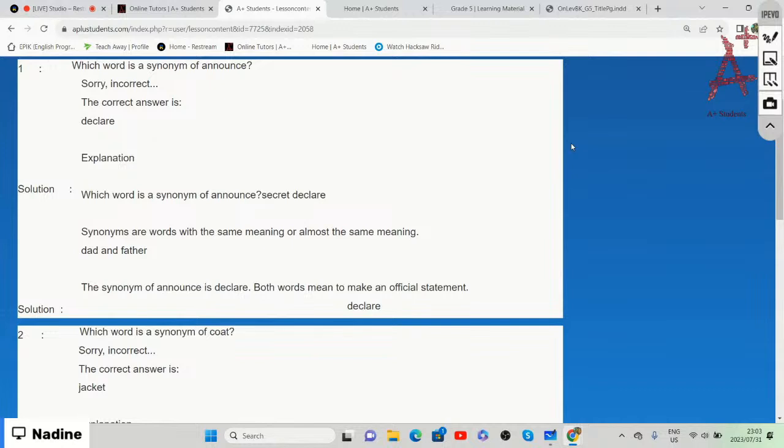So it's the same as saying one word, but then there's another, different word that also means something similar. So synonyms can be two different words, but the meanings are either the same, or almost the same, or similar.